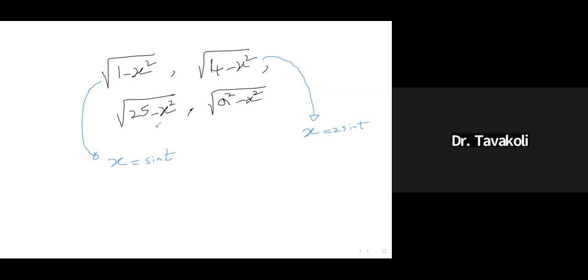For an integral that contains the term radical 25 minus x squared, we let x be 5 sine t. Or in general, if it is radical of a squared minus x squared, and a is a constant, obviously comparing to the previous cases that we saw here, x is going to be that constant a times sine t.